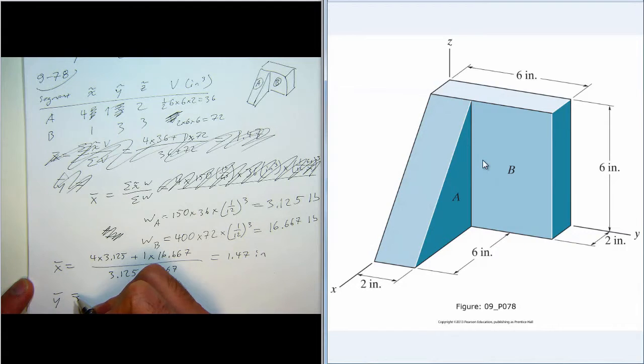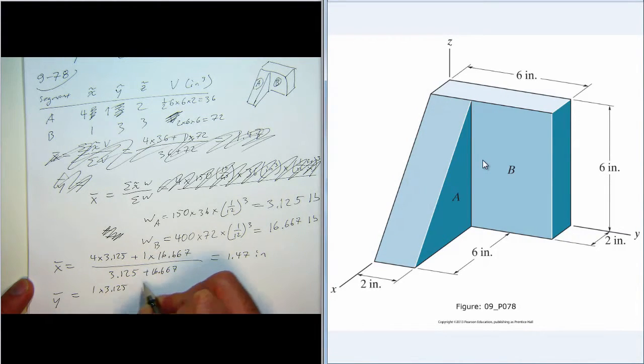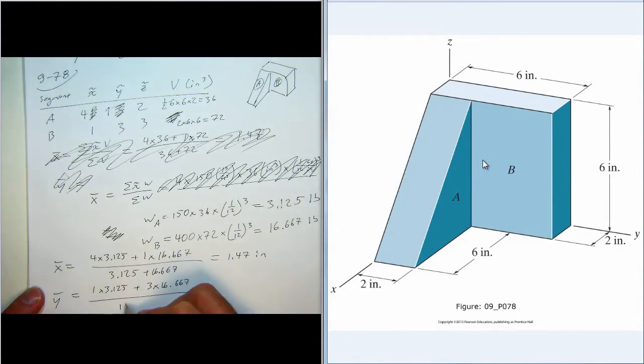Y bar is 1 times 3.125 plus 3 times 16.667, divided by the total weight of the object, weight of A plus weight of B, 19.792. That's 2.68 inches.